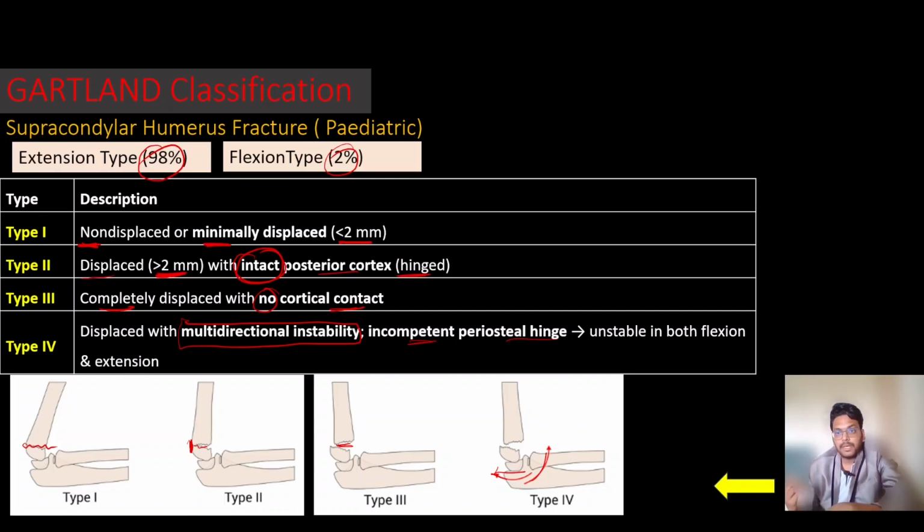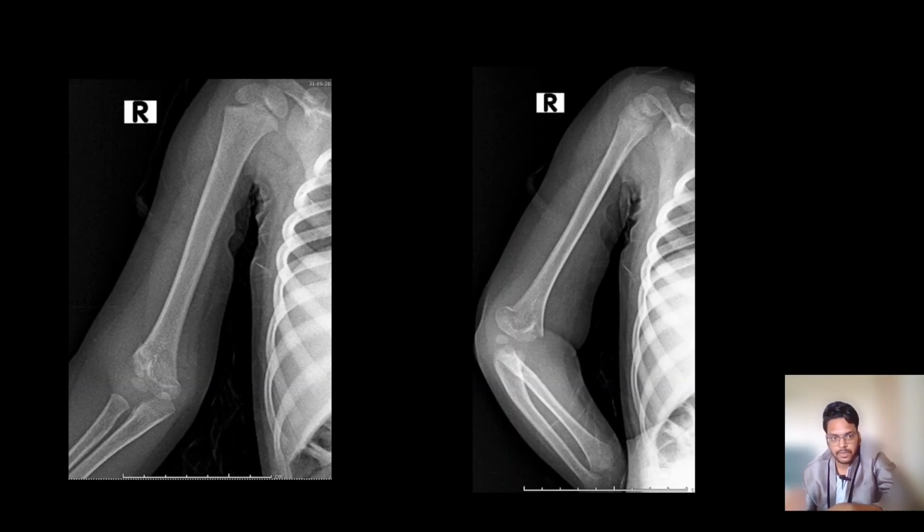Now we will see some examples of real life x-rays where you have to classify the supracondylar fracture into each type. So this is an x-ray of a kid. Now you tell me where is the fracture and what type of supracondylar fracture it is according to Gartland classification. Here is the fracture line in AP view. In AP, is it displaced?